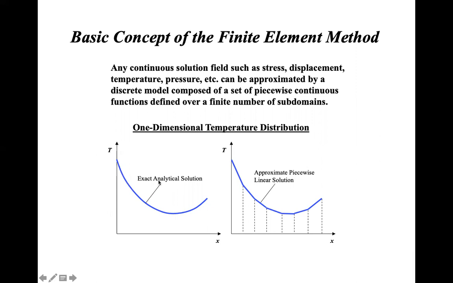But let us say you collect the temperatures at different distances. At x1 you collected temperature T1, at x2 you collected temperature T2, and so on. Now you want to approximate how it is varying.